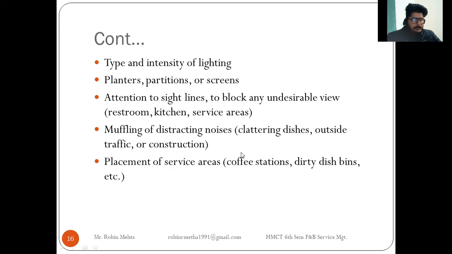They should be in a place where the guest can't go, or at the back of the area. But the coffee station or the sideboard should be in your restaurant. The dirty dish bins or the soiled linen box, we can avoid in the dining area.